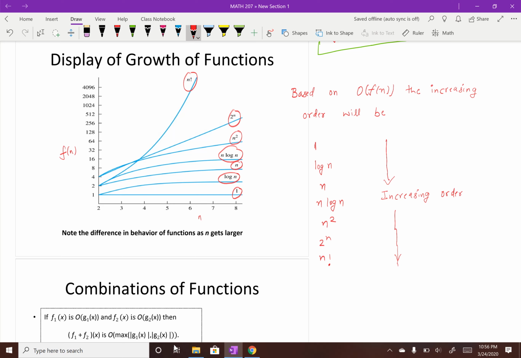Now you can see the difference in the behavior of those functions as n becomes larger. After k equal to 4, whenever n is greater than k, based on my definition of the big O notation, you can put all those functions in increasing order depending on their upper bound.